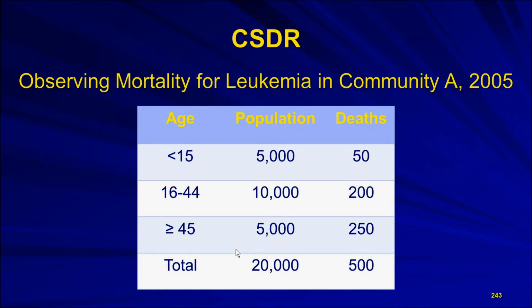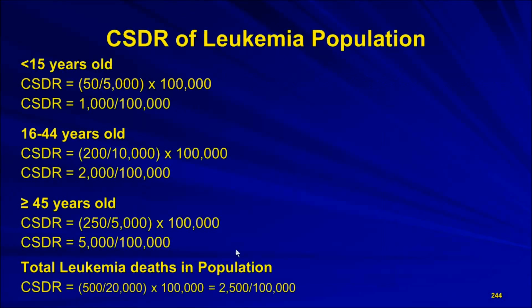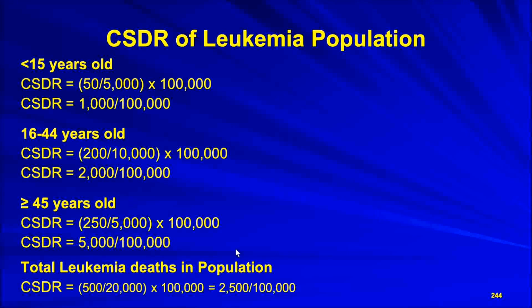So, with that in mind, some of you have already jumped ahead and know what to do. So, we would look at the total leukemia deaths in the population. Okay, and the others are age specific death rates.